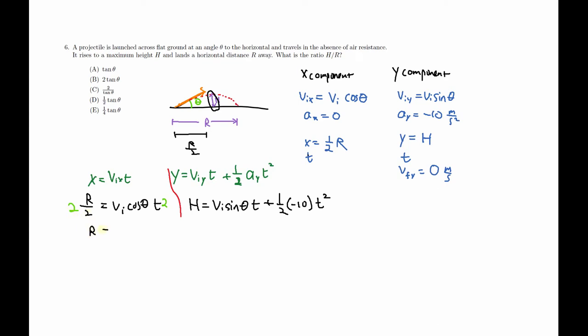I have r equals 2 times v_i t cosine theta, and then the h, I can simplify it. That's what I have. So I'm gonna set equation 2 here, equation 1 there. All I have to do is equation 1 over equation 2, and I eventually get the ratio of h over r.